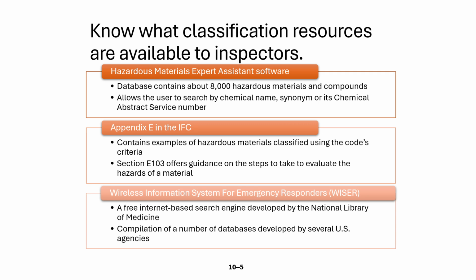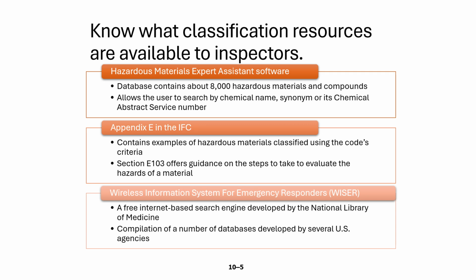There's a Wireless Information System for Emergency Responders, known as WISER. It's a free internet-based search engine developed by the National Library of Medicine. It compiles a number of databases developed by several U.S. agencies, and it's a good resource.